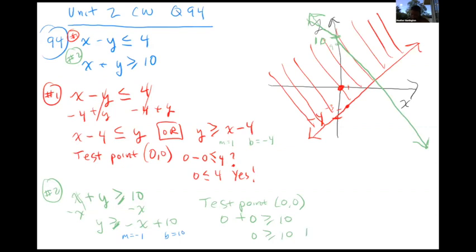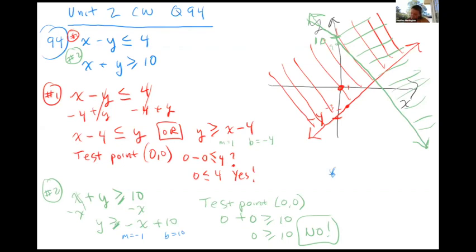Is that true? No. So that means this point 0, 0 is not on the solution side. So that means the other side is the half plane of our solution, just for that inequality.